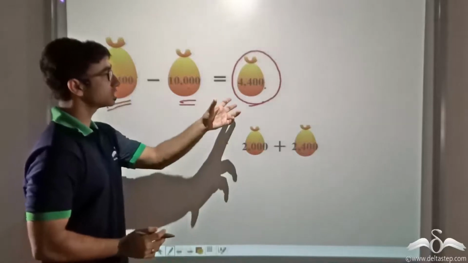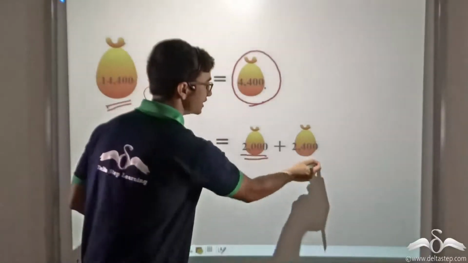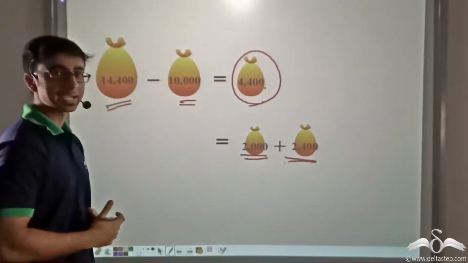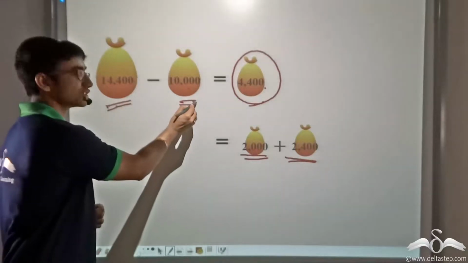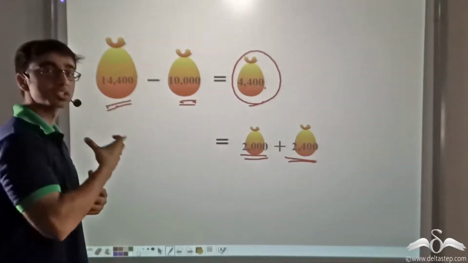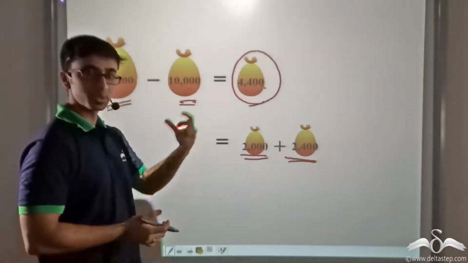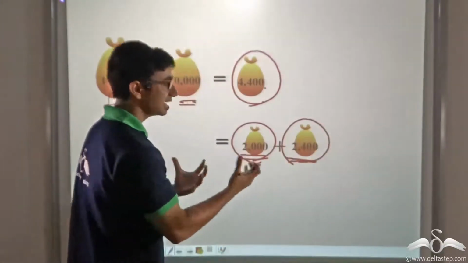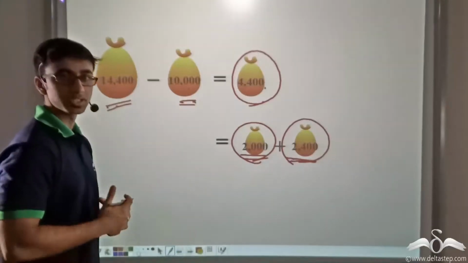As you can see, this 4,400 is also equal to the sum of the individual interests for the individual years. So in either way, we can calculate the compound interest. If we subtract the original sum from the total money that is being returned at the end of the given period, we get compound interest. Or if we simply add the interests of the individual years, we will get the compound interest.